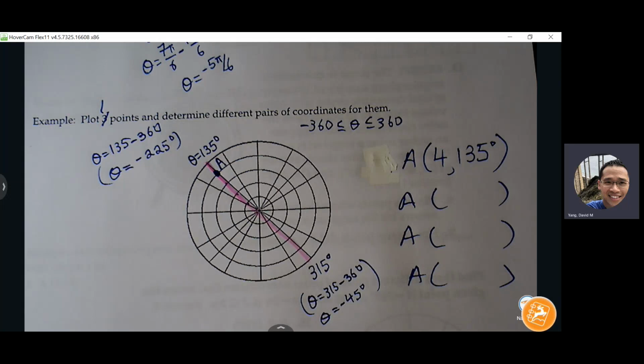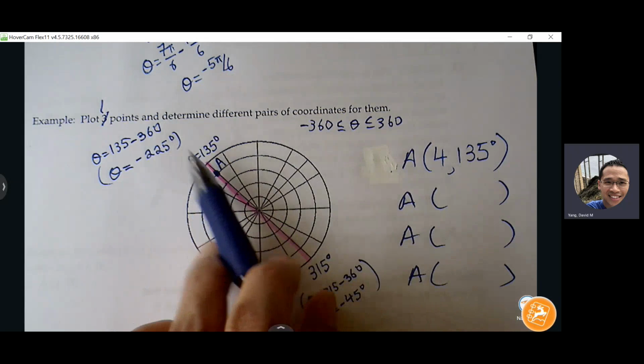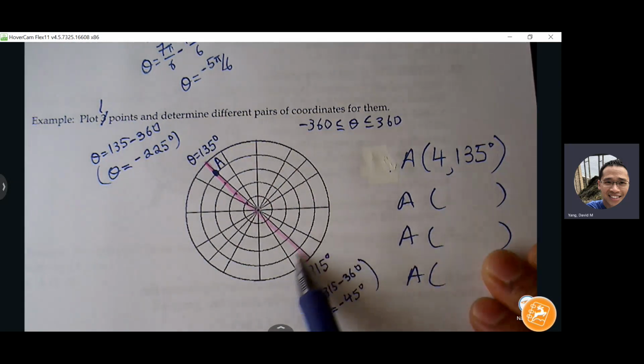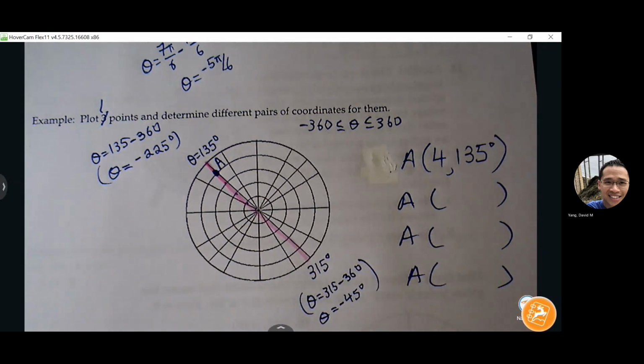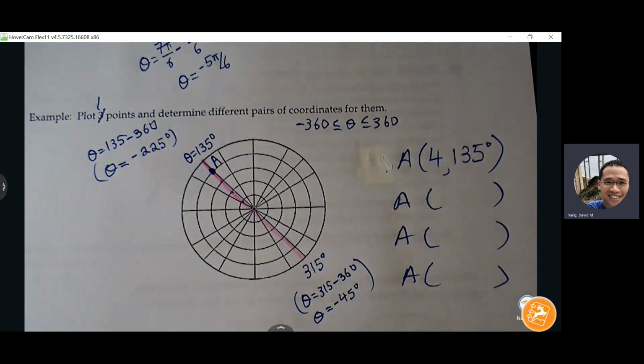Minus 135. Yeah, you want to do 135 minus 360 because you're starting at this location and you're going backwards 360. If I do 360 minus 135, that's a different thing. You know that you're going to get 2 positive measures and 2 negative measures, right?